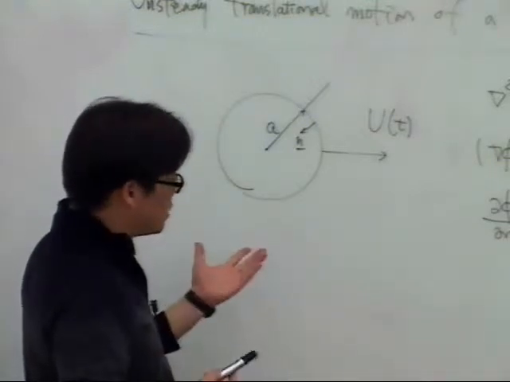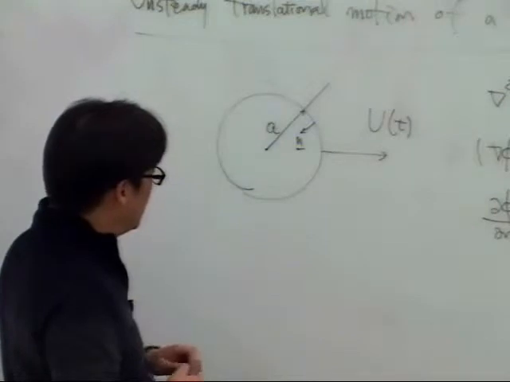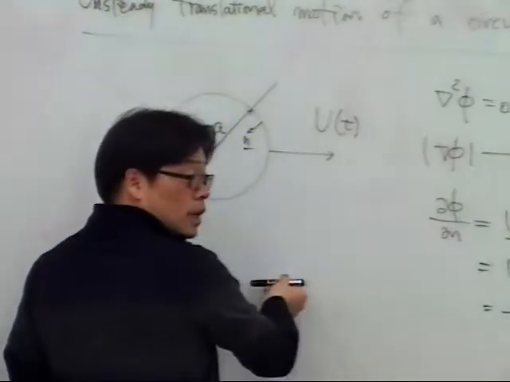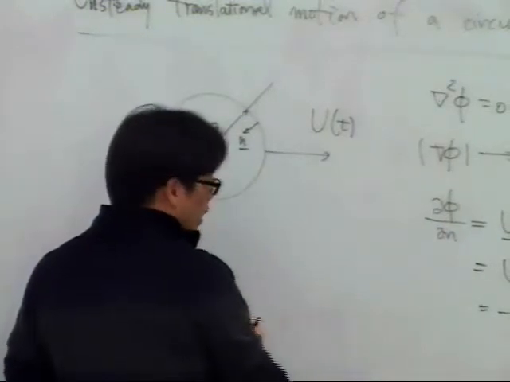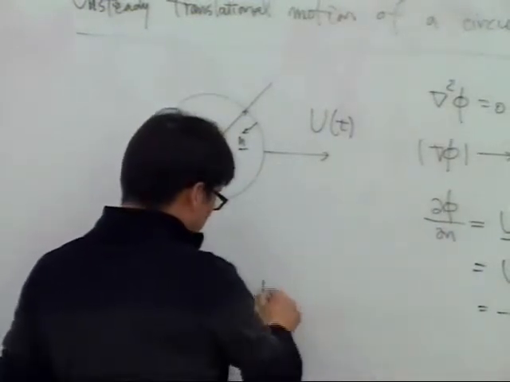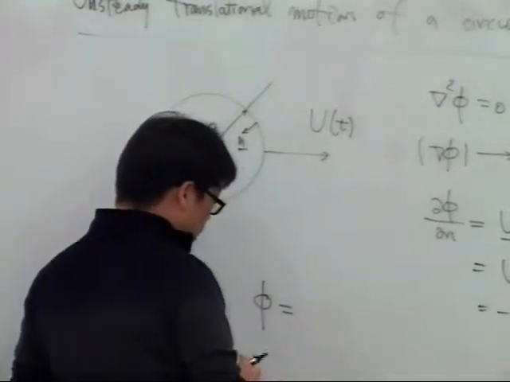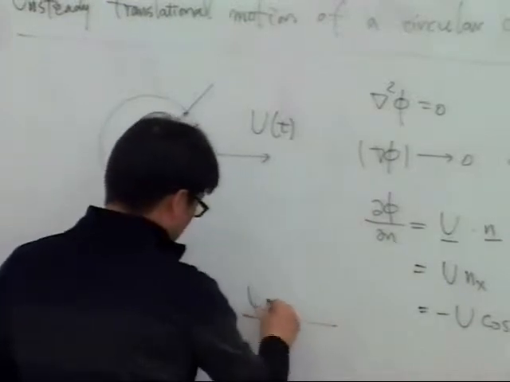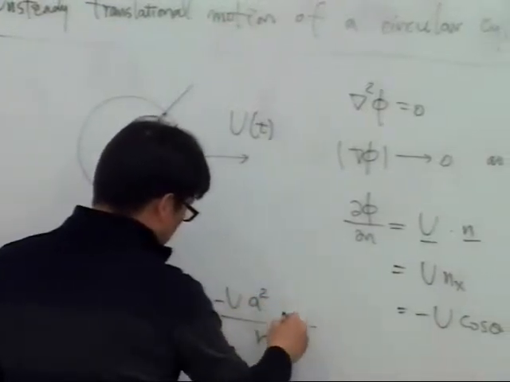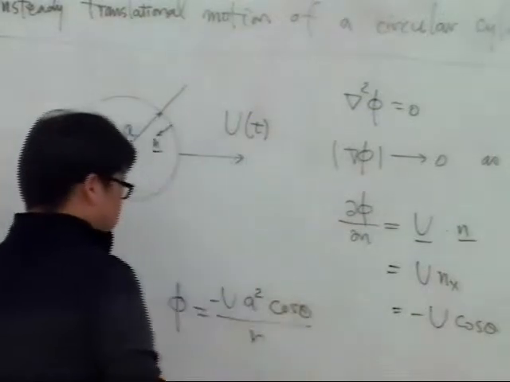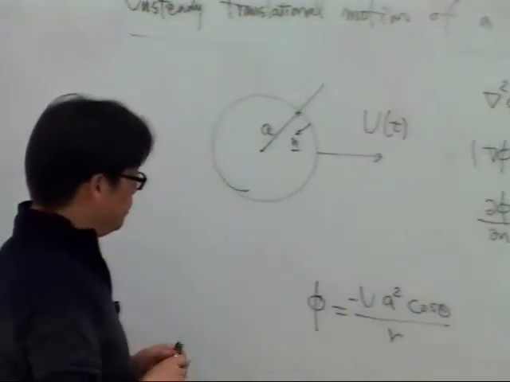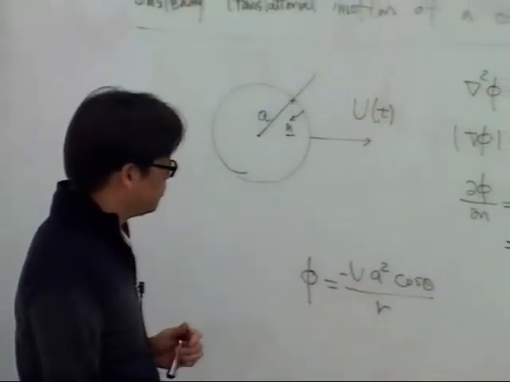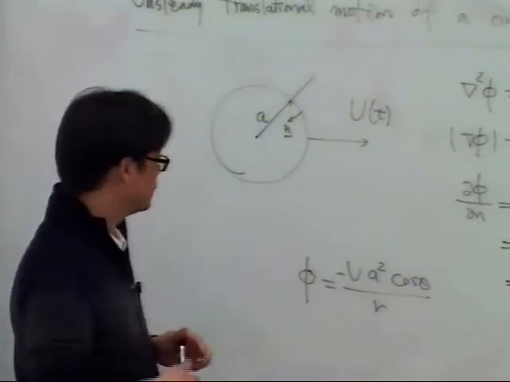So in this setting, this is exactly the same as having a circular cylinder with incoming flow, and therefore phi can be written in terms of the dipole solution, and that is nothing but minus u a squared cosine theta over r.